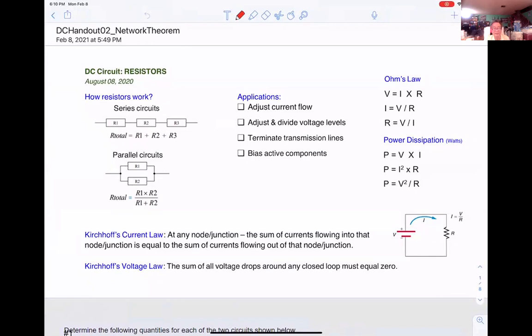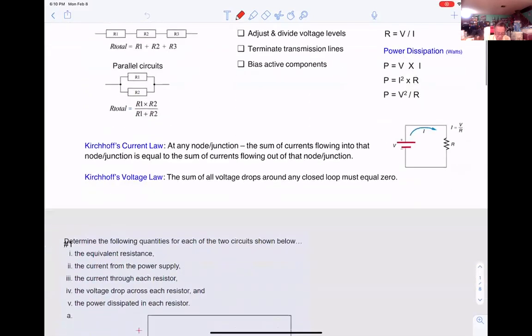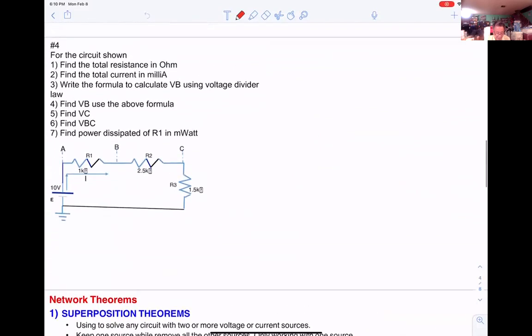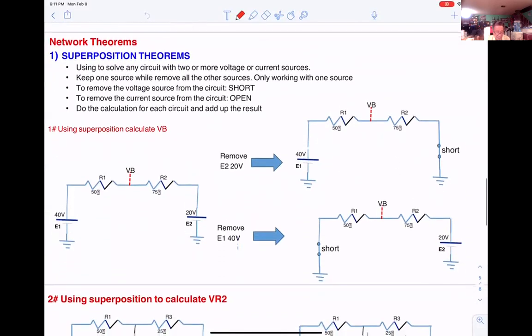I can give you the answer for you to do it. But before we do that, I want to go through a new one. This was the one we want to do today.